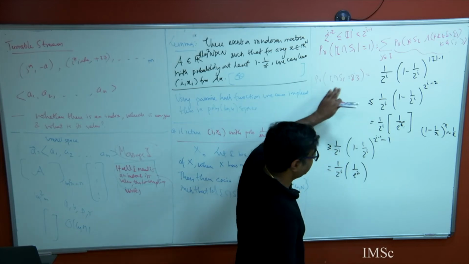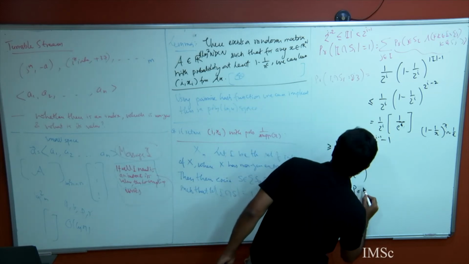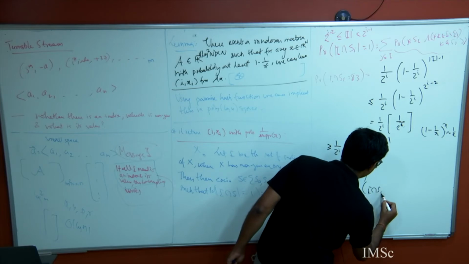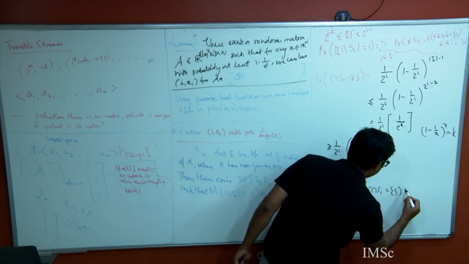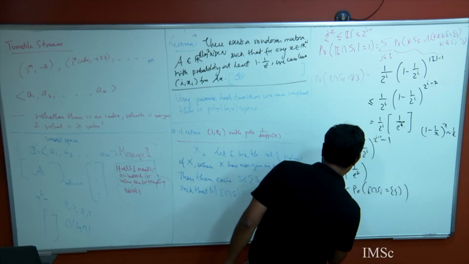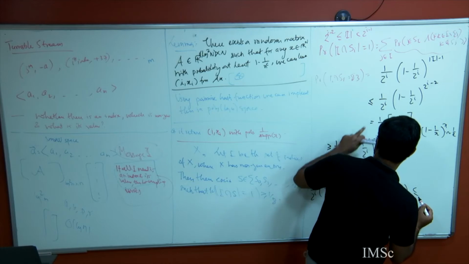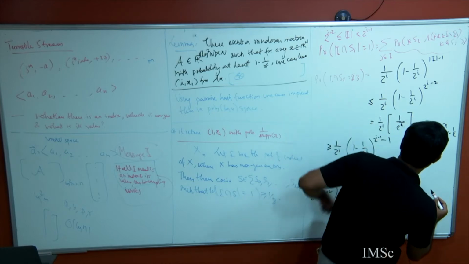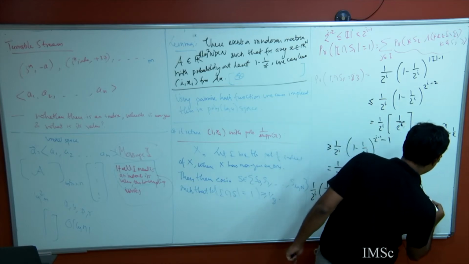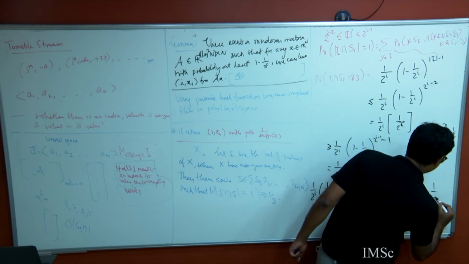Okay. So the probability that i intersection S_i is equal to j is at least 1 over 2 power i times 1 over e square times 1 over 2 power i, 1 over e power 4.